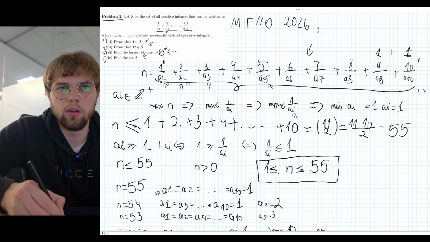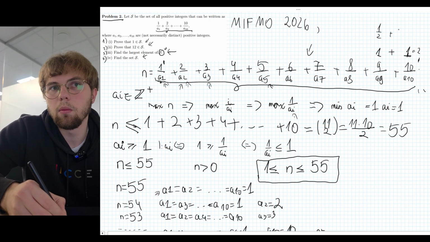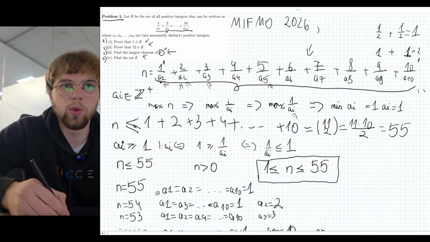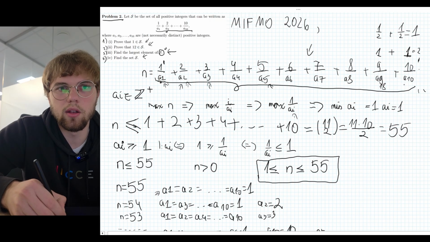Right now we have a 2, right? 1 plus 1 is 2. Could we maybe somehow get a 1 plus 1 half plus 1 half is 1? Well, yes, we can. Instead of a9 equals 9, we can just pick a9 to be 18 and a10 to be 20.